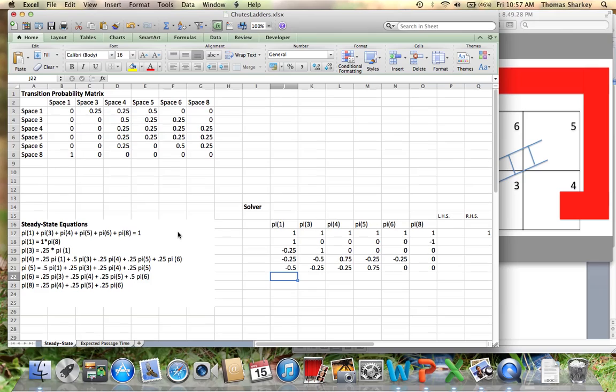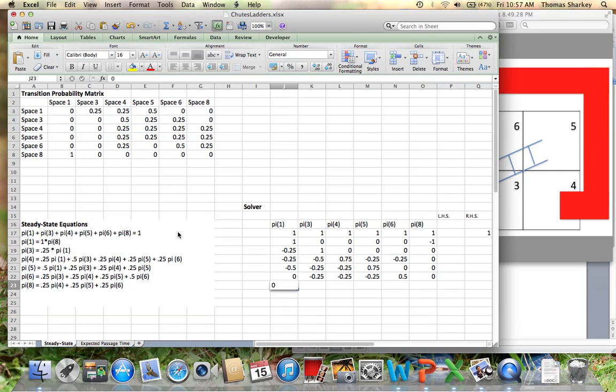For pi of 6, we'll have a 0 for pi of 1, a minus 0.25 for pi of 3, minus 0.25 for pi of 4, minus 0.25 for pi of 5, a 0.5 leading term for pi of 6, and a 0 for pi of 8.